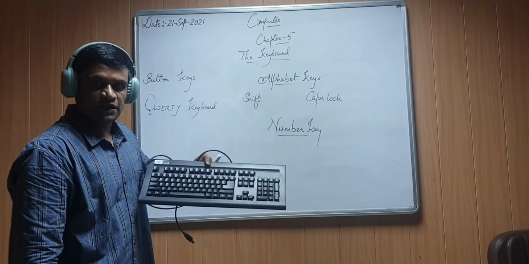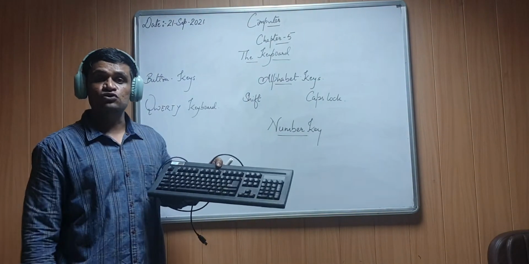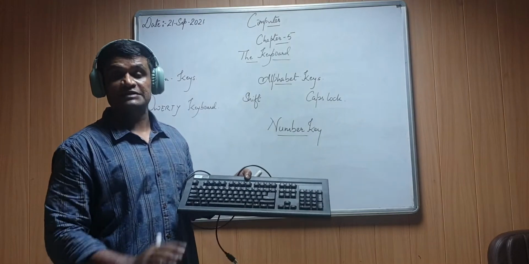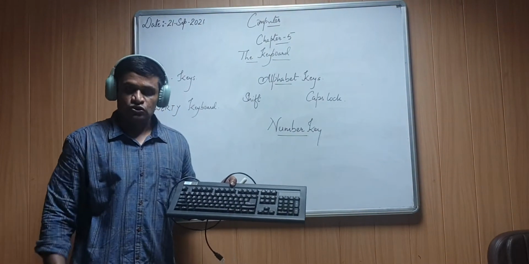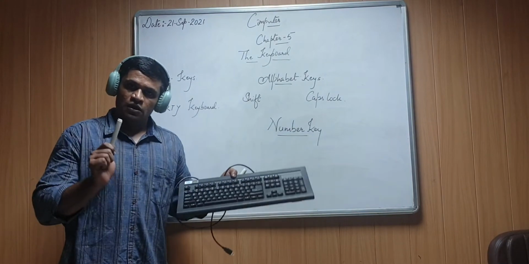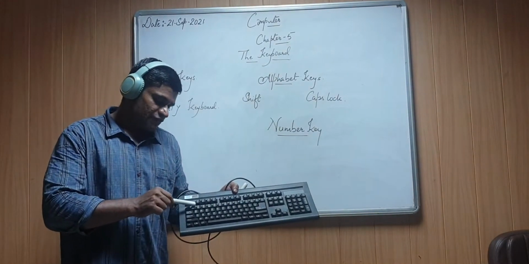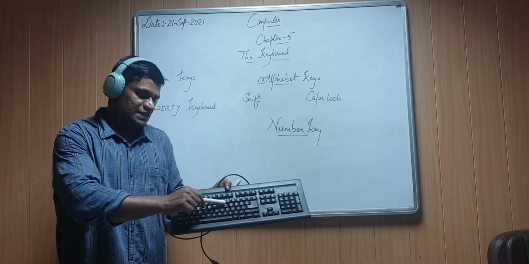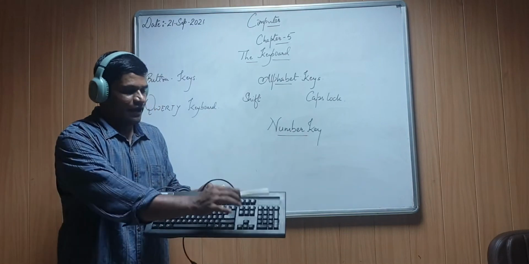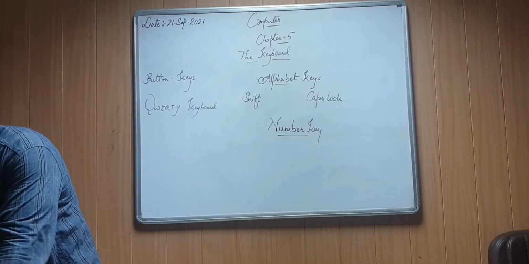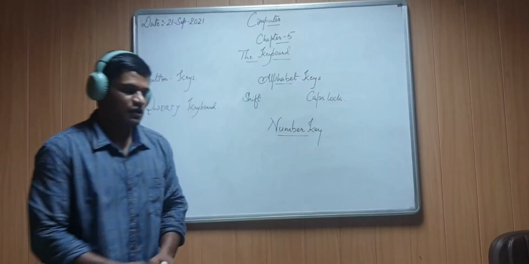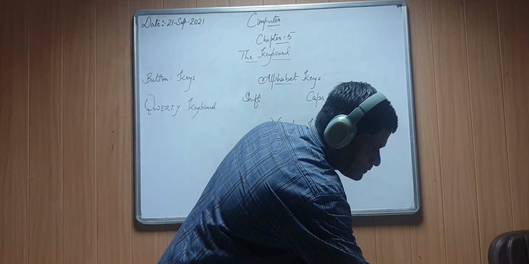As I have mentioned in the class, this keypad is used for accounting, billing purposes, calculation purposes, for fast calculation. So, in your normal keyboard, we have number keys available at 2 points. One is at the top, the second row, and the other is the numeric keypad. Number keys are used for typing numbers in your text document.